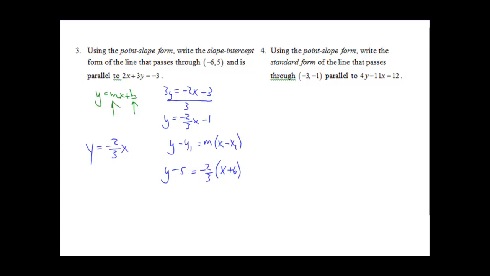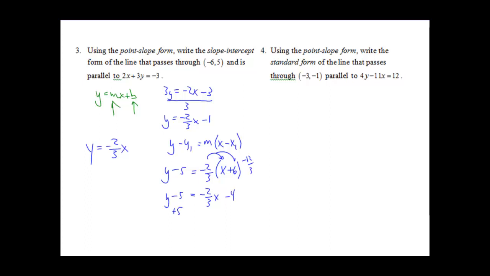Again, two ways. If you don't like fractions, you can multiply by 3 throughout. If we don't mind, we do it the other way and distribute through, so we get negative 2/3 x. 6 times negative 2 is negative 12, and negative 12 divided by 3 is negative 4.